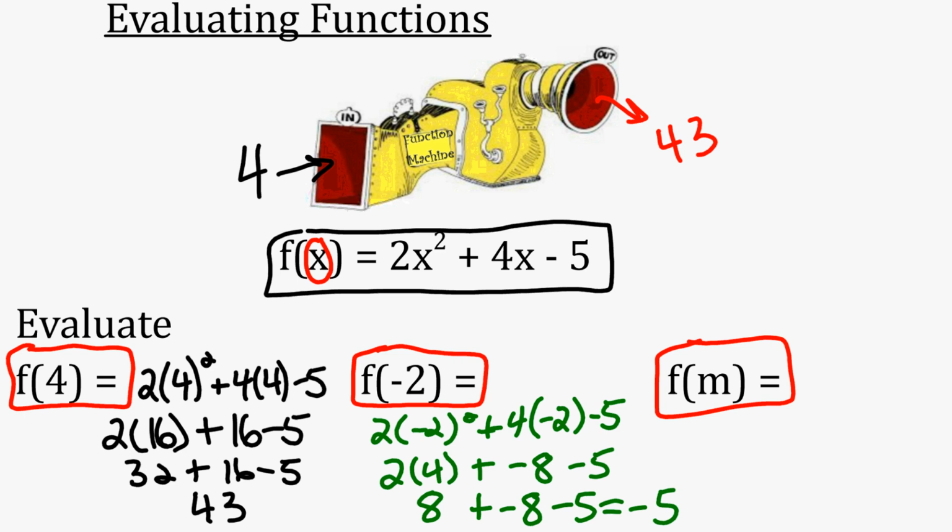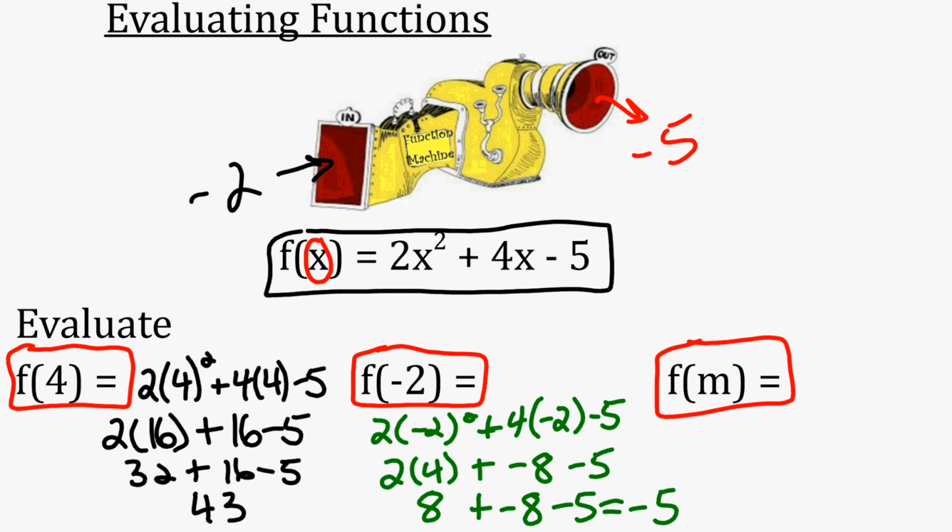So in terms of our function machine, this time we're plugging in negative 2, and what's spit out of the function is negative 5. So the input's negative 2, the output negative 5. Okay, and then the last example is f of m.